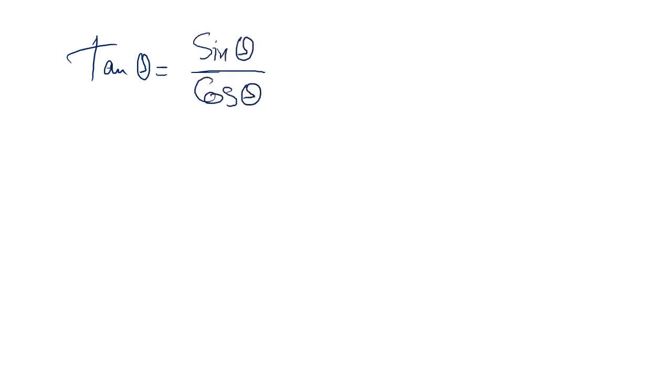Notice that the value of tan of any angle is equal to the ratio between the sine of the angle and the cosine of the angle. For example, if you know the value of the sine and the value of the cosine, you don't need to draw the right angle triangle to figure out the answer.